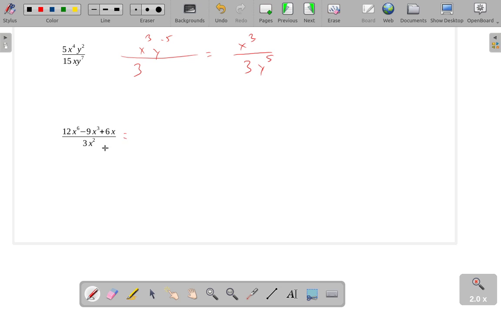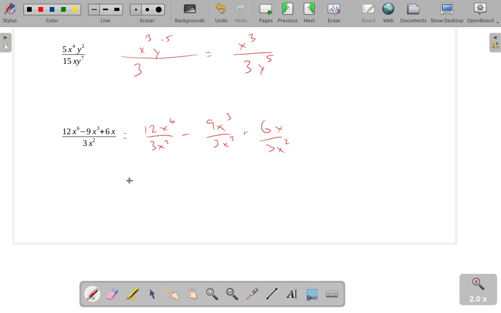If we have something like this, where we have addition and subtraction on the top part of the fraction, our only recourse is to split this up as several different fractions. 12x to the 6th over 3x squared minus 9x cubed over 3x squared plus 6x over 3x squared. This is very much like what happened in one of the previous videos, but it's a little bit different.